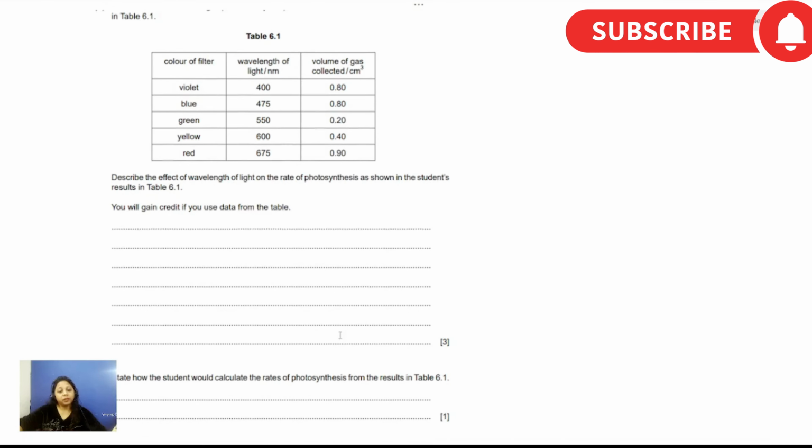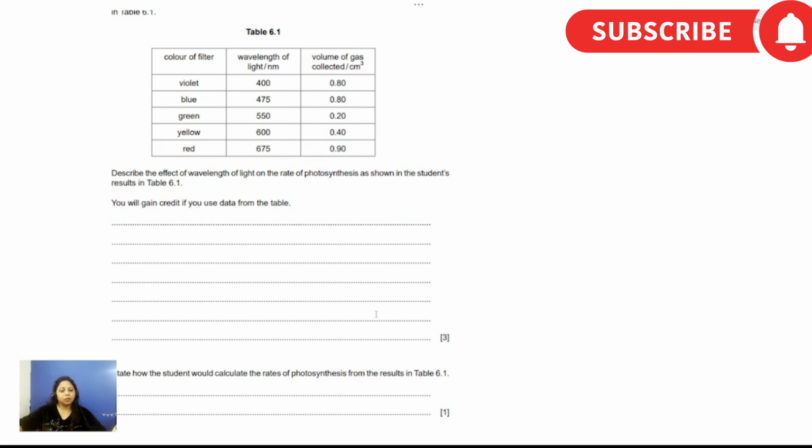So you need to describe it. Describe means you need to use the values, you need to give the data. So it's a 3 mark question. How would you answer it? Okay, you will give the maximum first, and then the minimum rate and the maximum rate.